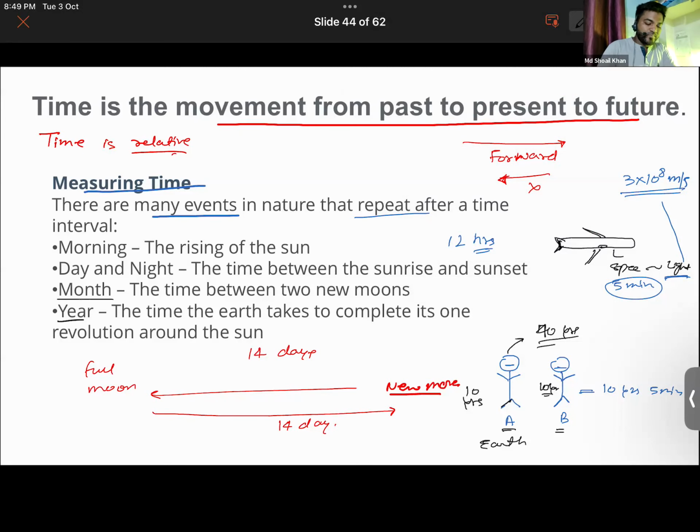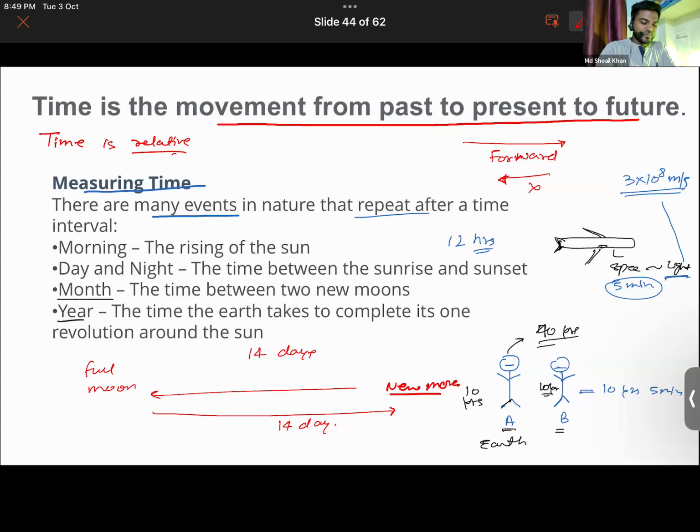So in that manner also we measure time. What about the year? How do we measure a year, Chakrika? The earth does one revolution around the sun, 365 days.